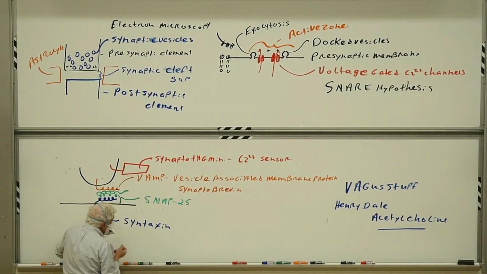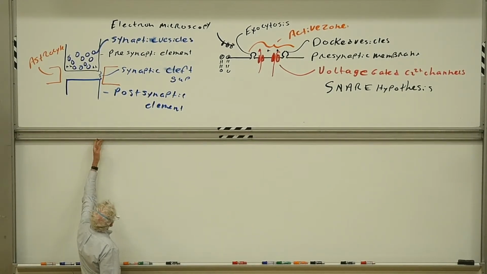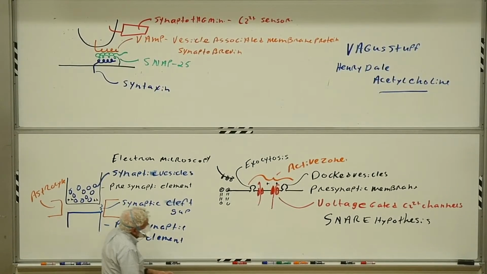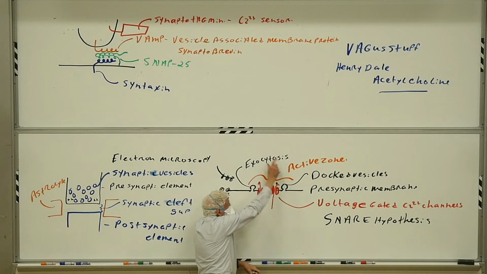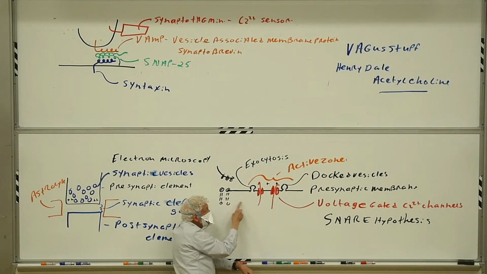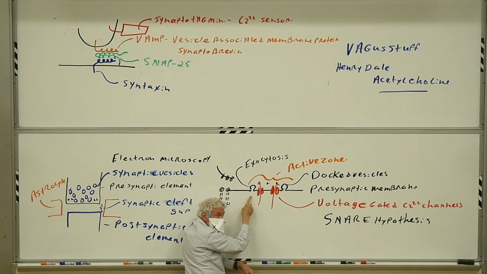And there's some discussion about this, there's some debate about this, but what we think is going on is that the action potential arrives at the terminal. When the action potential arrives at the terminal, the voltage-gated calcium channels open and let calcium come in. That's the first step.